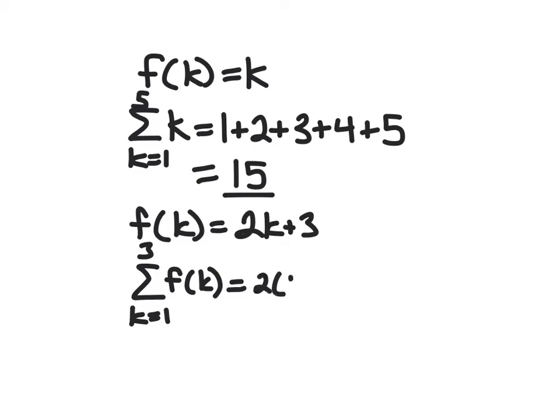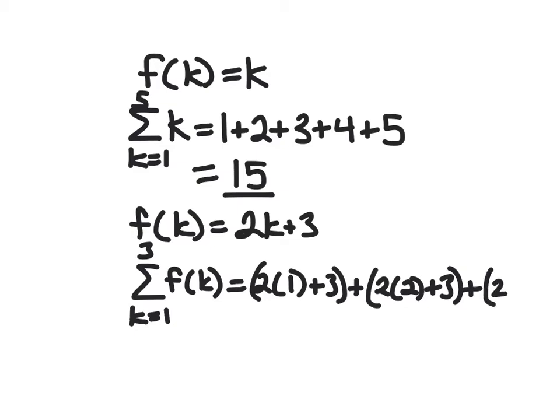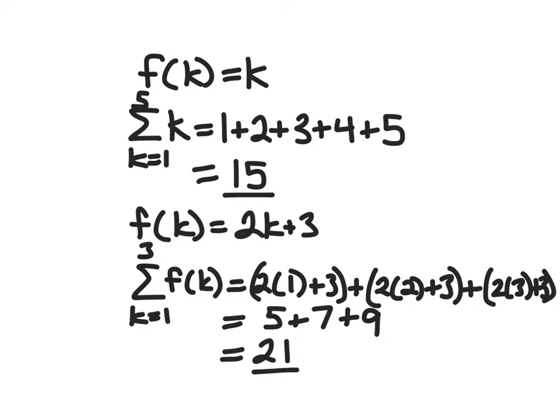It's going to be 2 times 1 plus 3, that's my first term, plus, now I plug in k equals 2, 2 times 2 plus 3, and then lastly, 2 times 3 plus 3. And then we can just add these up. So this is 5, then we get 7, and then we get 9. And so when we add these up, we get 21. Okay?